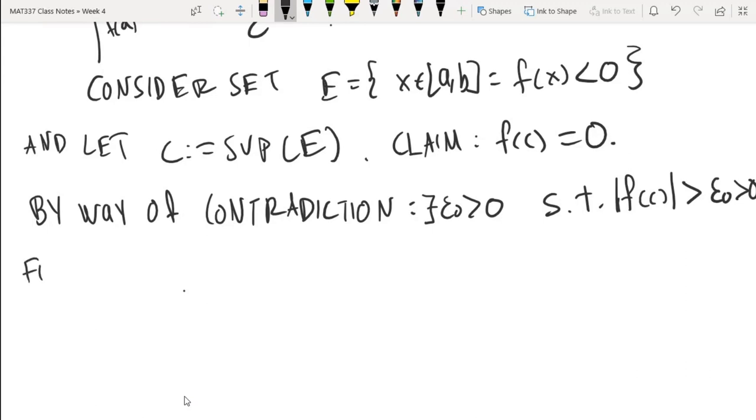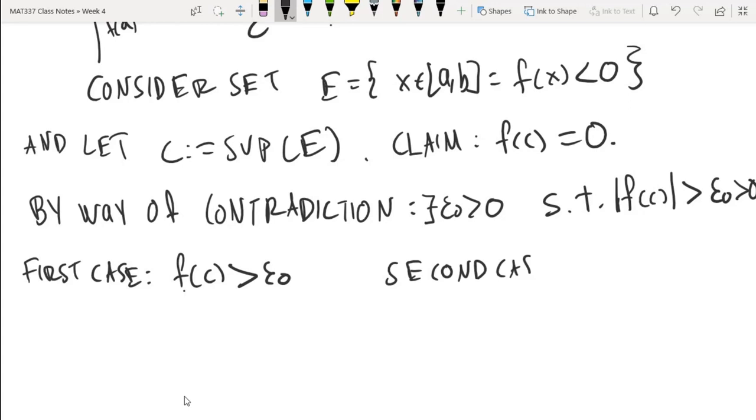So first case, we will disprove that f of c is bigger than epsilon naught. And then second case, I call it delta naught, f of c is strictly less than minus delta naught.